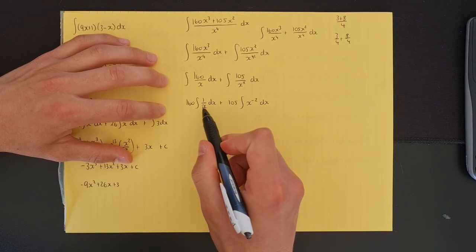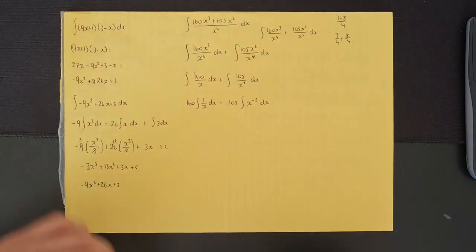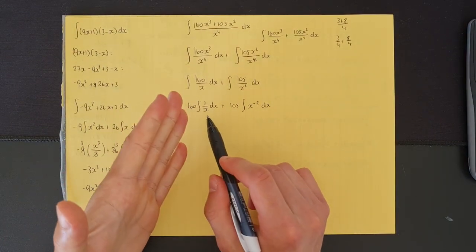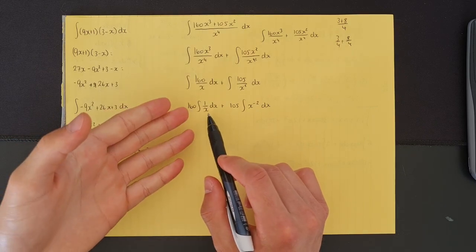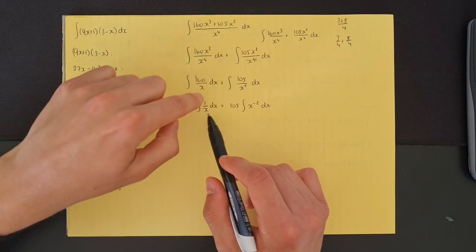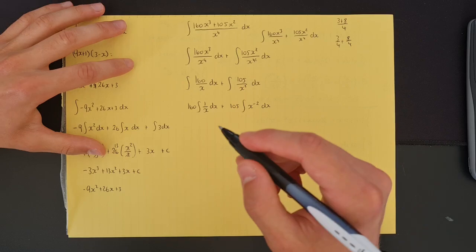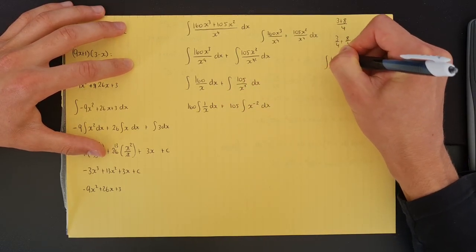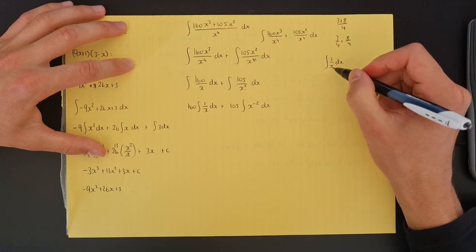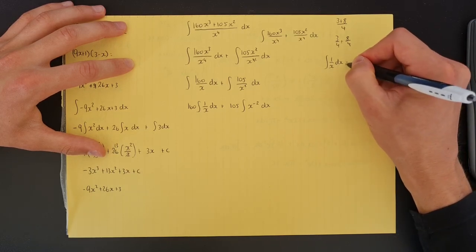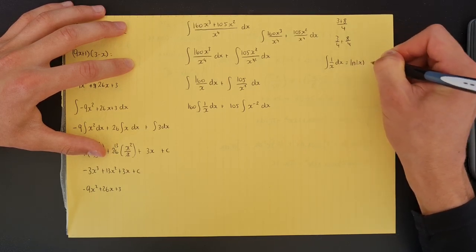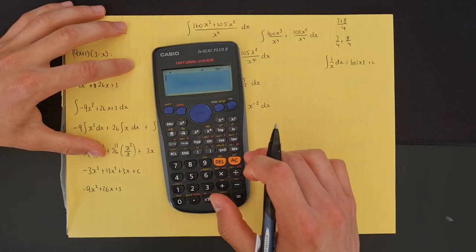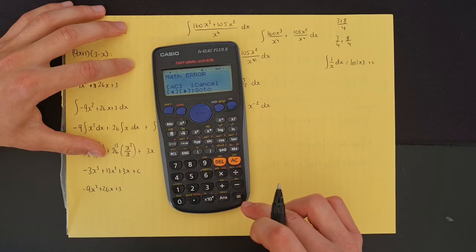Now, integrating 1 over x, we have to make sure that x is not equal to 0, right? Because if x is equal to 0, this is undefined. It's one of the rules: when you integrate 1 over x, x must not be equal to 0. And then when you get ln of x, you must put the modulus sign, because you can't take the natural log of a negative number, right?